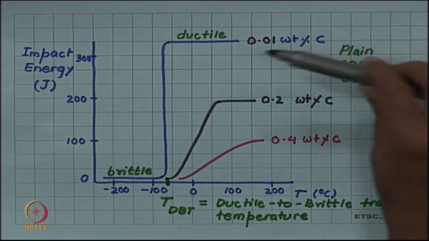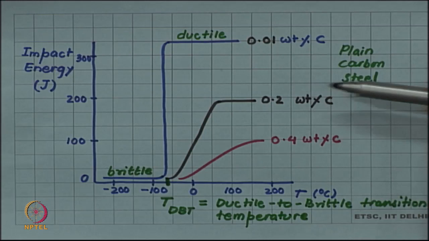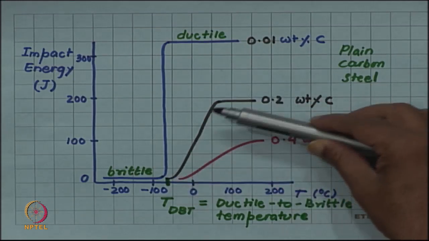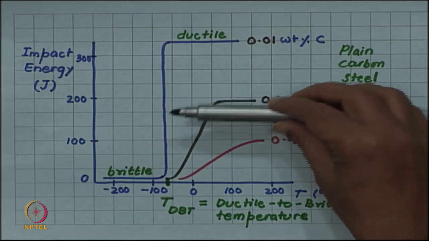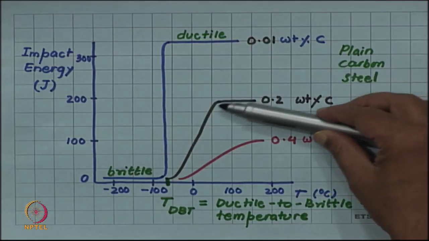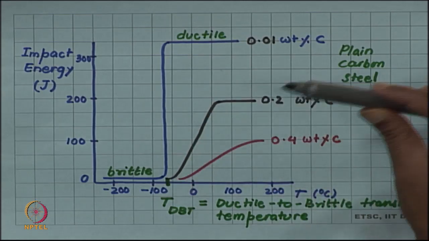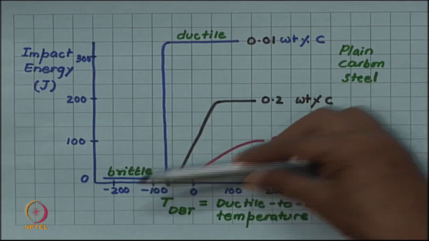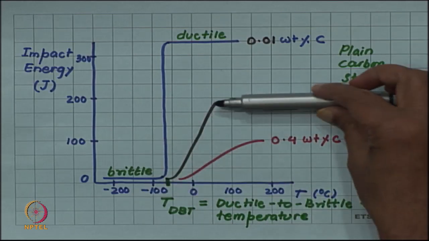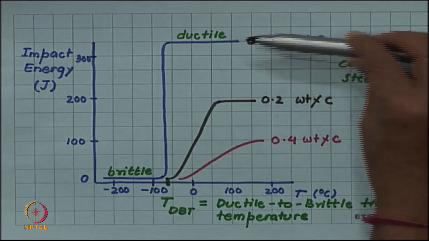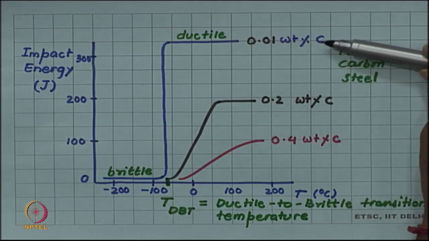If you increase the carbon concentration, let us say 0.2%, still the transition is there, but then you find that the transition is not sharp as in the low carbon steel, but is much more gradual. Also you find that although it is showing ductile to brittle transition, even in the ductile part, the energy absorbed is not as high as for 0.01 weight % carbon.